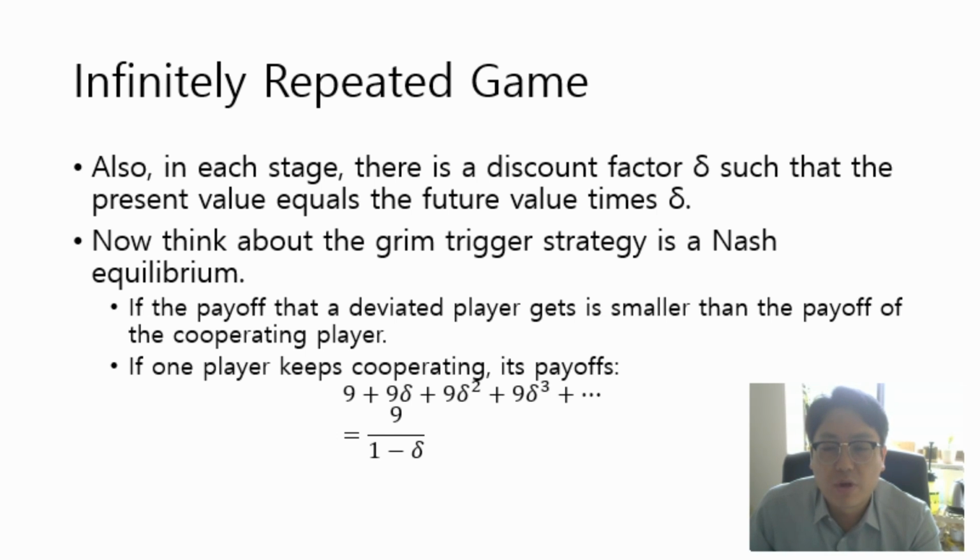Now think about the green trigger strategy, whether it is a Nash equilibrium. If the payoff that a deviating player gets is smaller than the payoff of a cooperating player, then even though a player decides to deviate from the current Nash equilibrium, the payoff they can get is smaller than the payoff when they keep playing the Nash equilibrium.